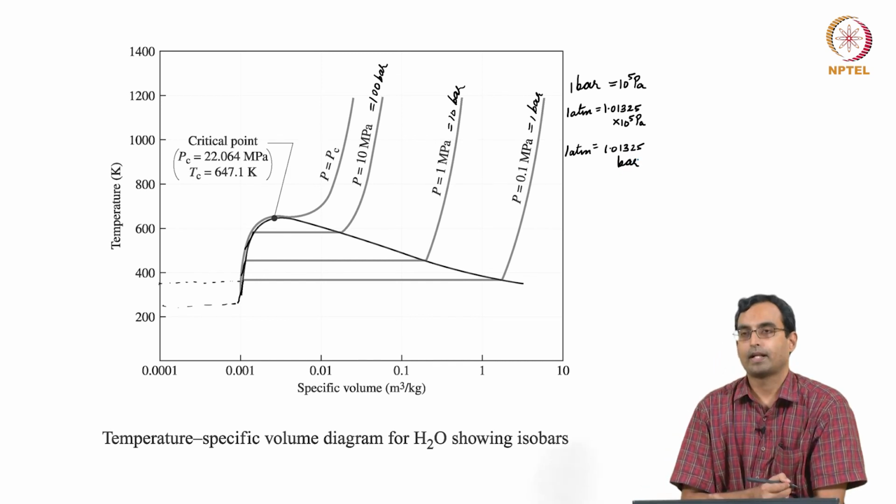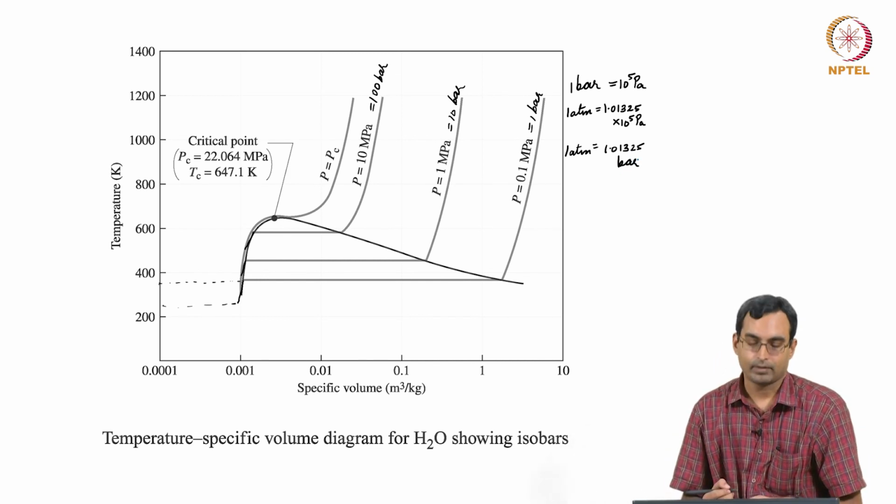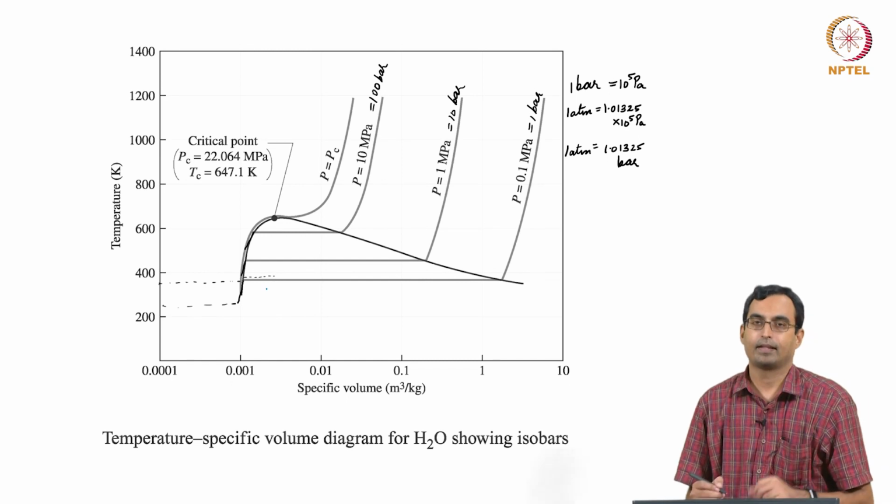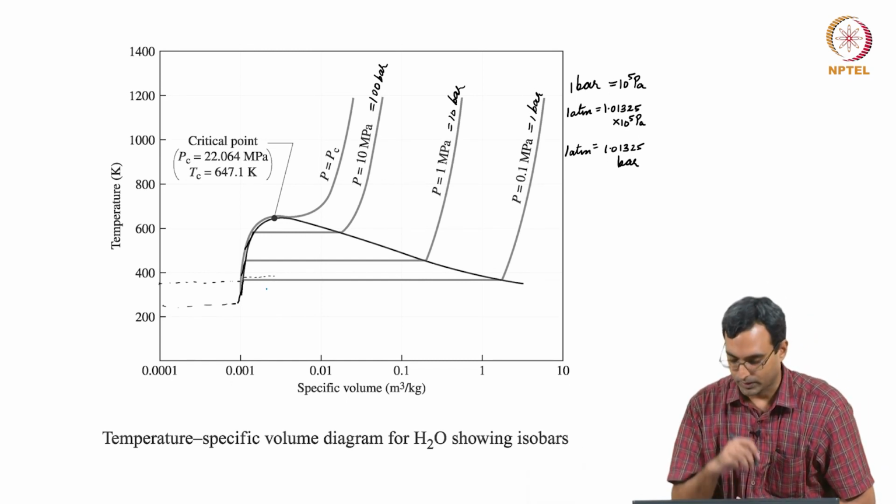So, an atmosphere is essentially slightly greater than a bar. So, we have 1 bar here, we would have 1 atmosphere which is somewhere like this, slightly above this, and the boiling point would be close to 100 for pure water.